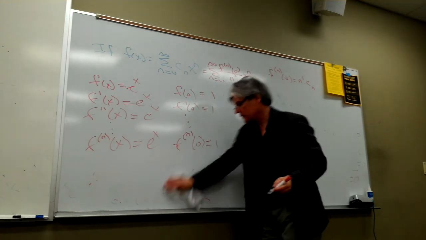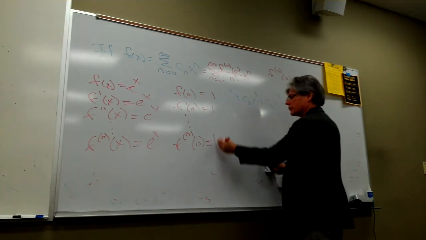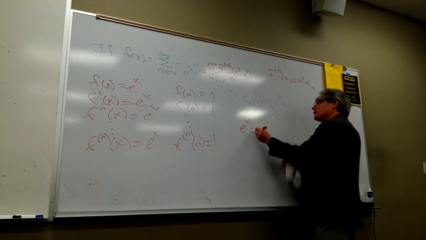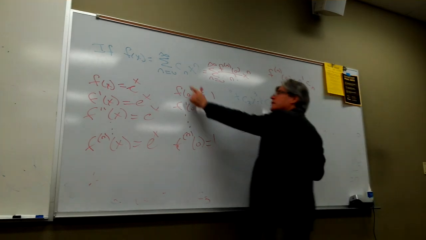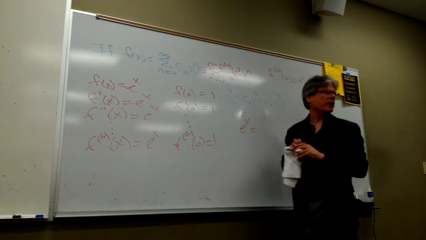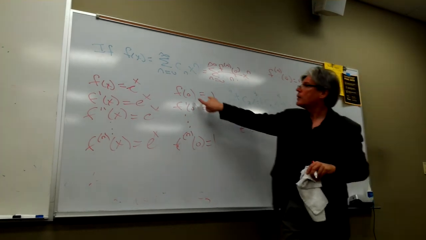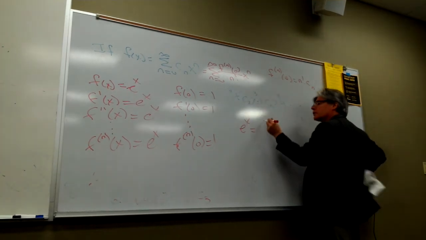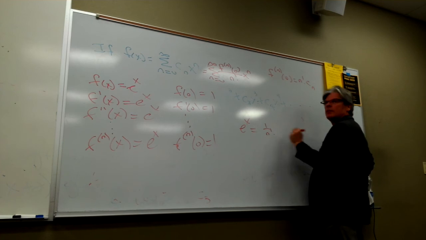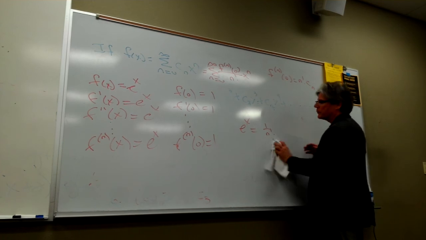Well, that being the case, if e to the x has a power series expansion, then I guess it's going to look like a c sub 1. Excuse me, I misspoke. I meant c sub naught. But that's just 1 over n factorial, where n is equal to, did I say 0 or 1?